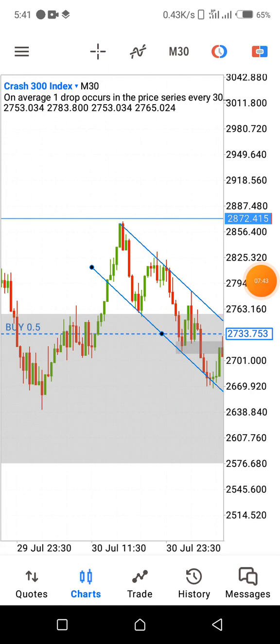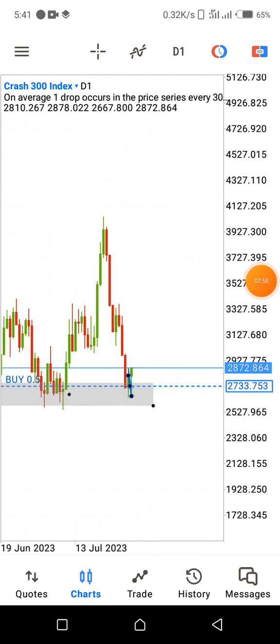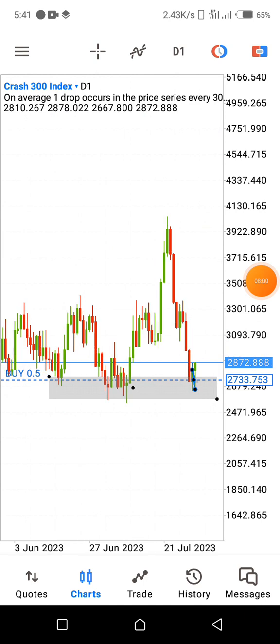So always remember, because if you add another confirmation, because sometimes you might see this and you take it and maybe you find out that it didn't work out. Maybe it didn't work out because you didn't catch the move from the zone, because you have to mark out these zones first. This is a support zone, so you are waiting for the market.